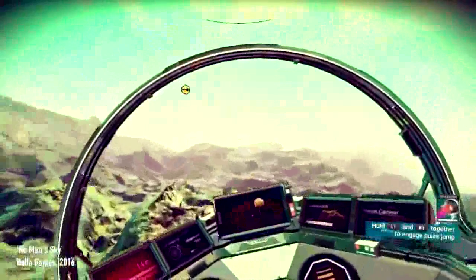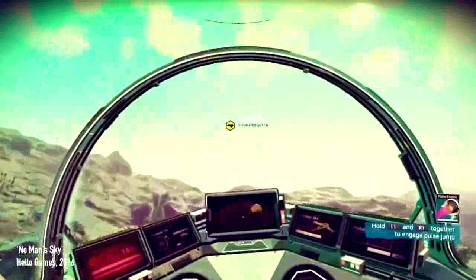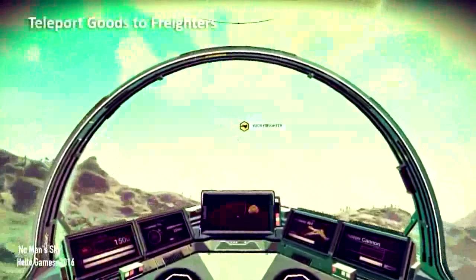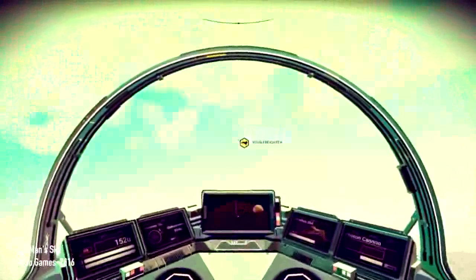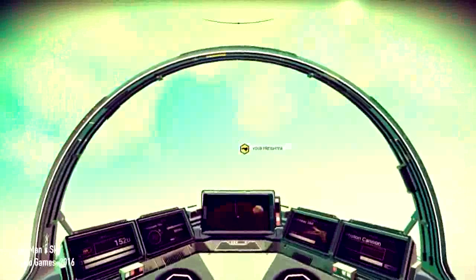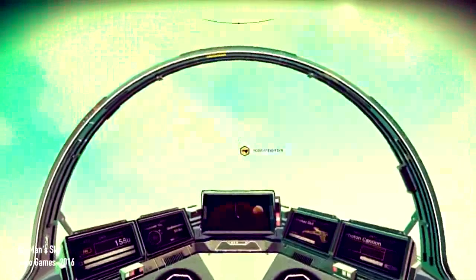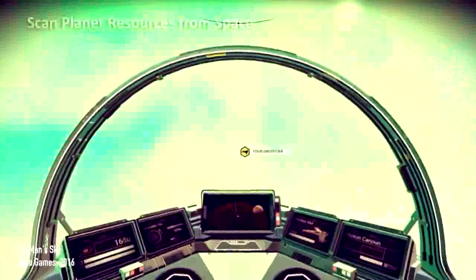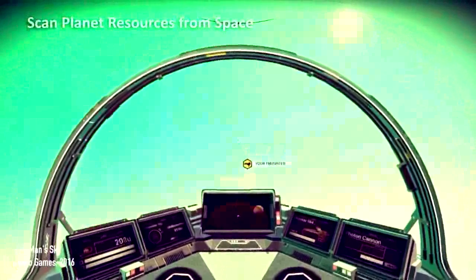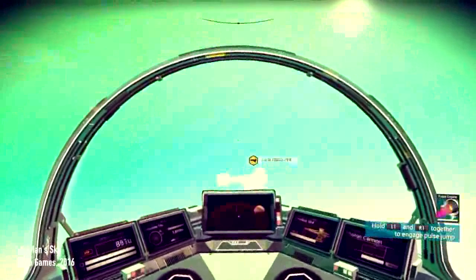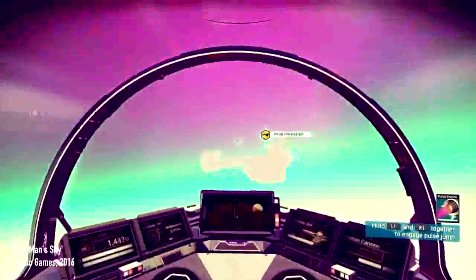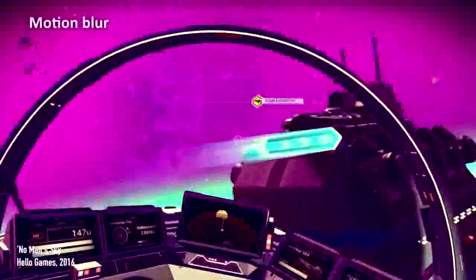These expand travelers' reserves, supporting resource teleportation from on-planet and optimize inventory management. Planets can be scanned for resources from space, and the current mission objective can be viewed at any time. Motion blur accentuates the feeling of speed, especially when traveling through space.